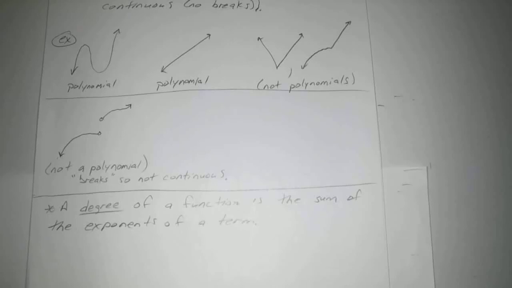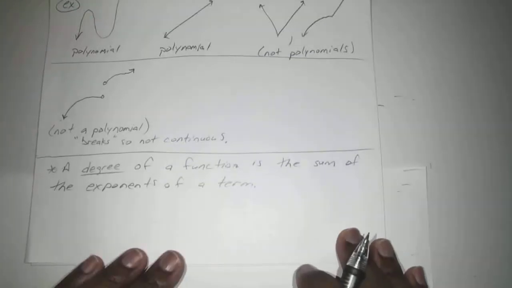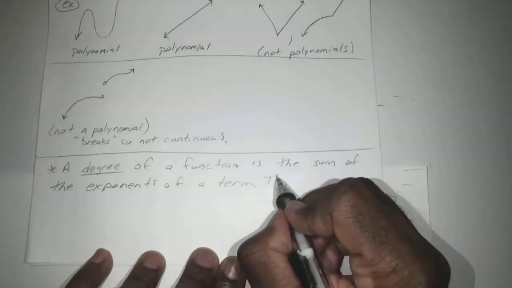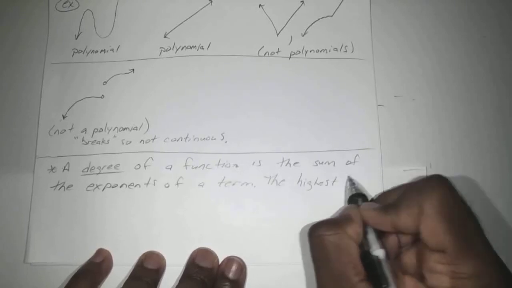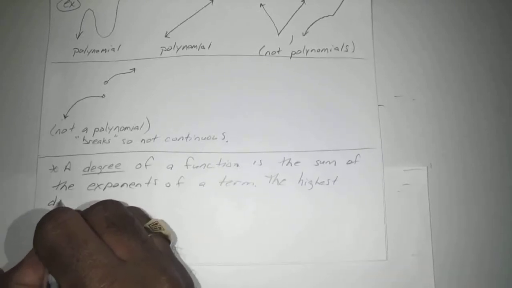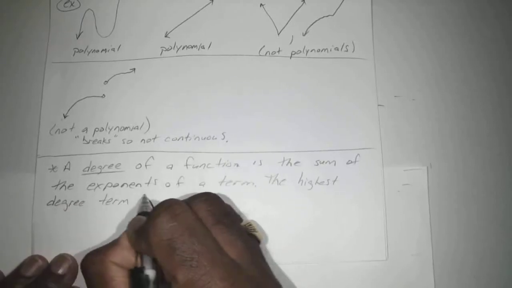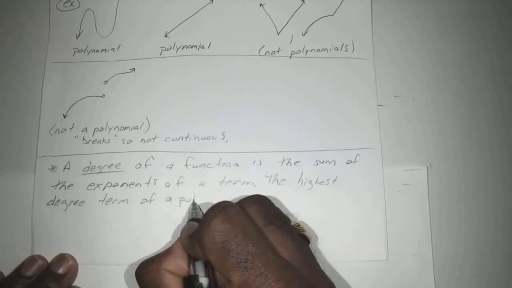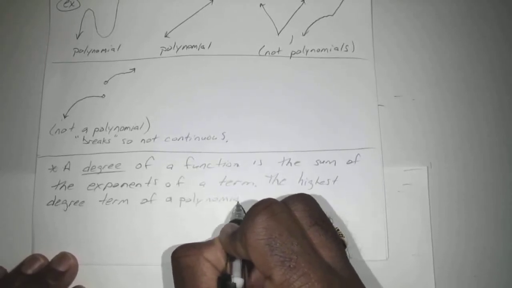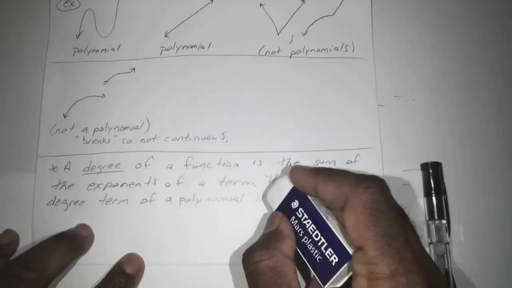Now, the highest degree of a polynomial is the degree of that entire polynomial. So the highest degree term of a polynomial is its degree.